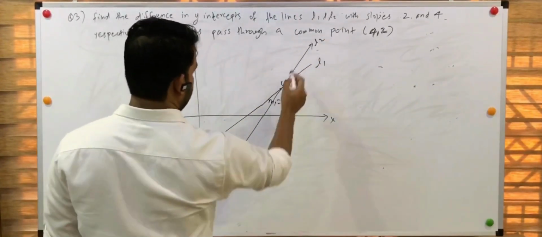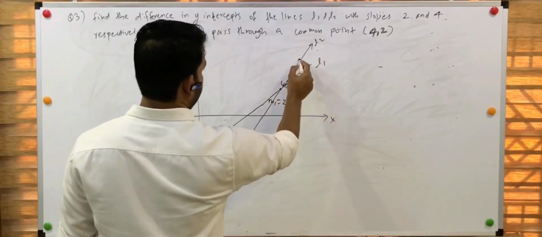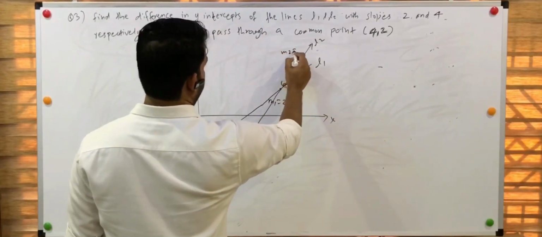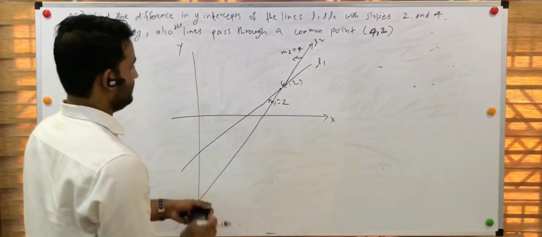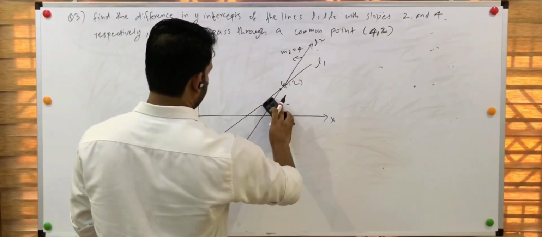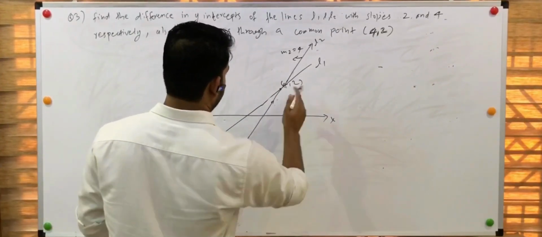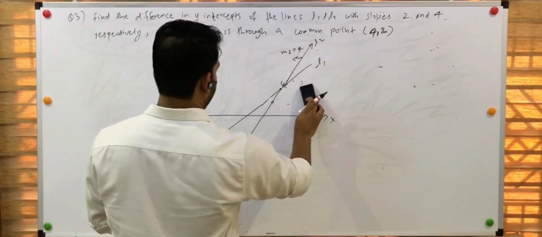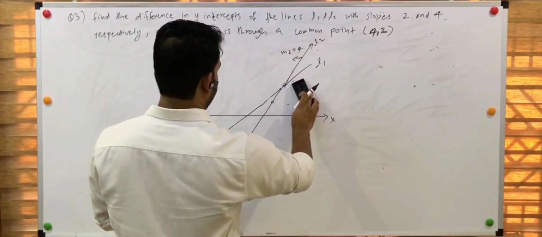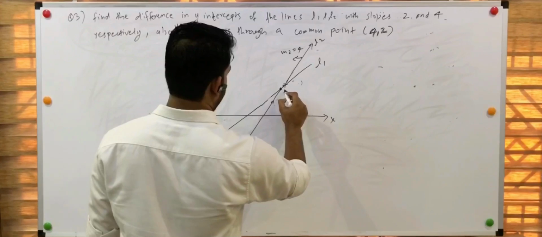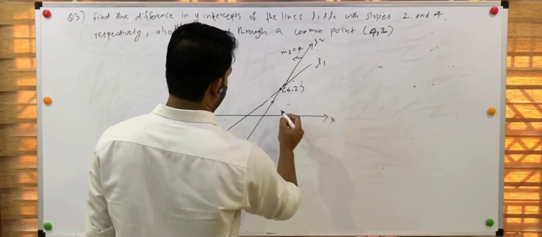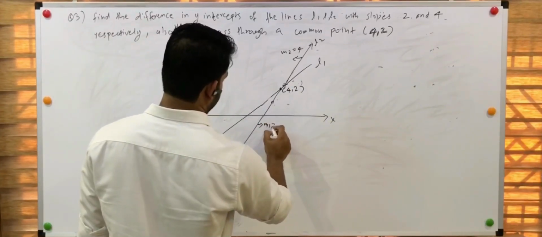This is the line L2, and the slope for L2 is 4. The slope for L1 is 2.